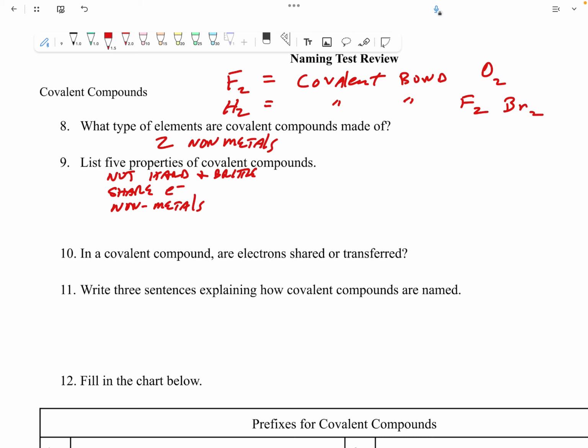And a couple other things about covalent compound solutions: they do not conduct electricity, which is true. Let's see what else we can say about that. I think 4 is enough. I said 5, but 4 is good.